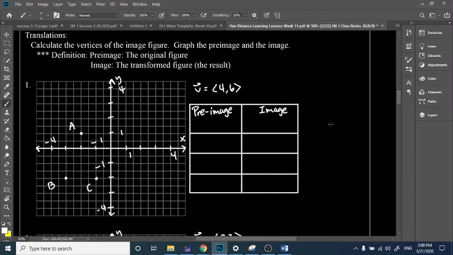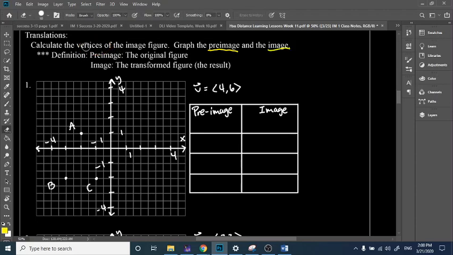All right, so now let's look at these. The instructions say calculate the vertices of the image figure. So now let's get into some definitions. Preimage and image. So you need to graph what's called the preimage and the image.